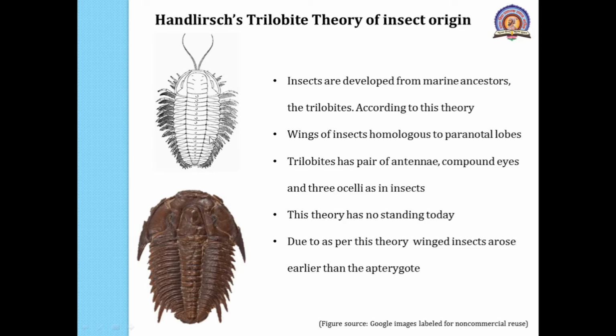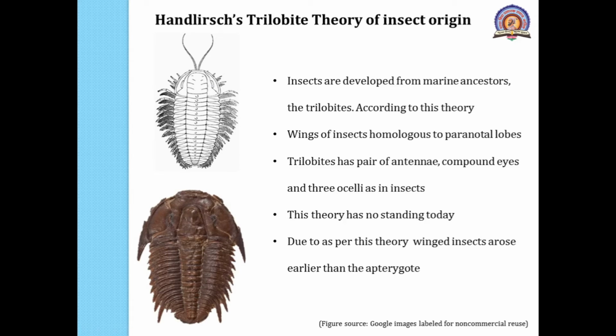According to this theory, the wing of the insect belonging to the pterygota is homologous to the paranotal lobes of the trilobite, and the trilobite also has, as in insects, a single pair of antennae. Here you can see the single pair of antennae. It also contains compound eyes and three ocelli, one median and two lateral.